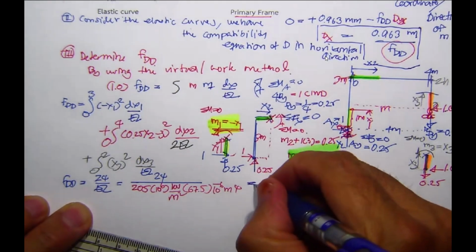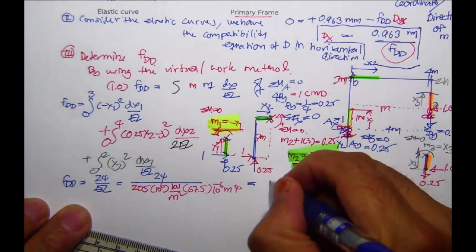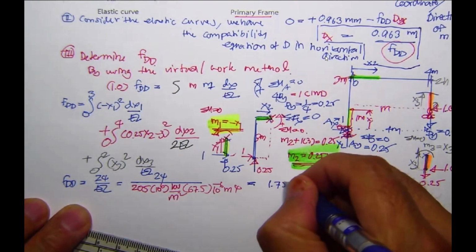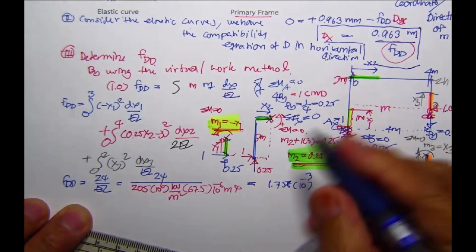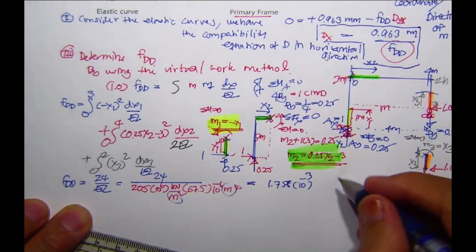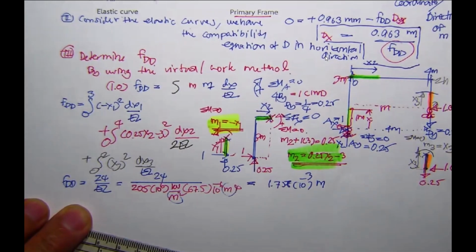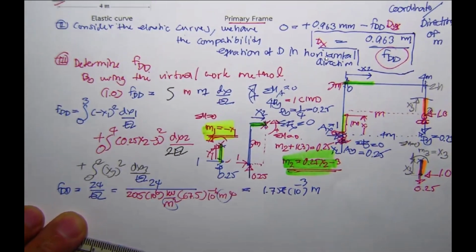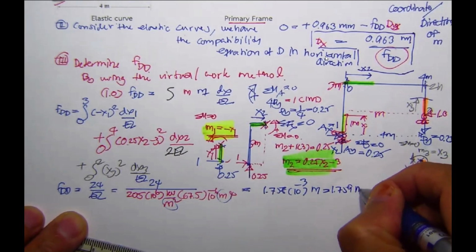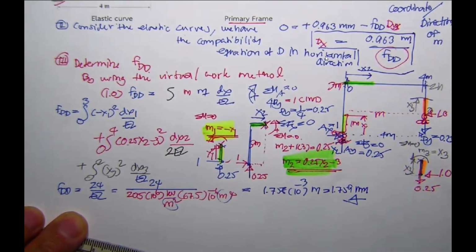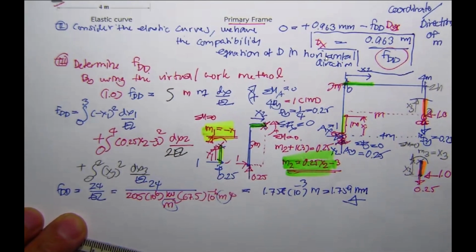You put this in and you got 1.758, and our computation is in the unit of meter, and then this is going to be 1.759 millimeter in this direction.